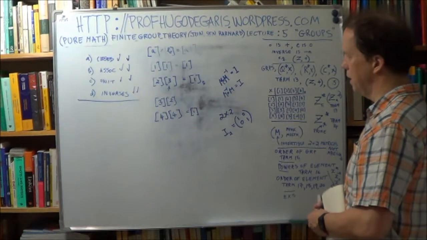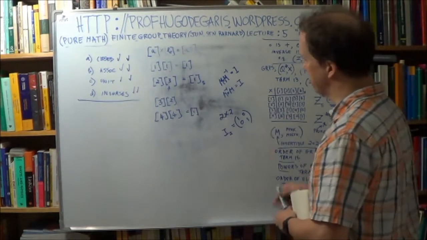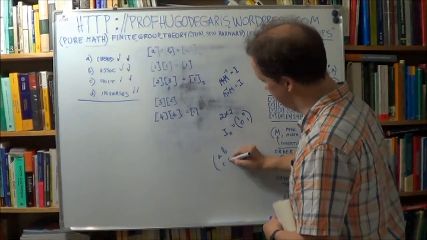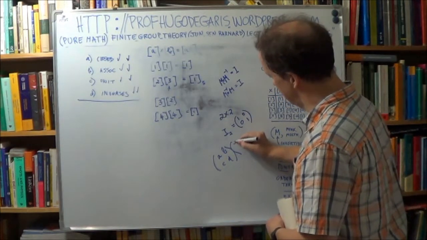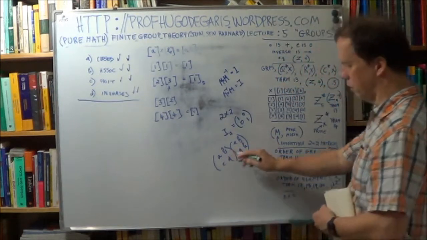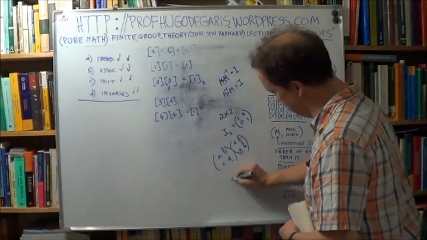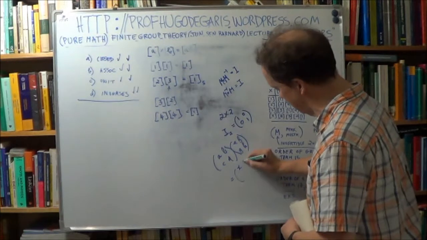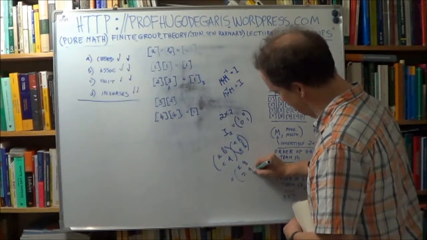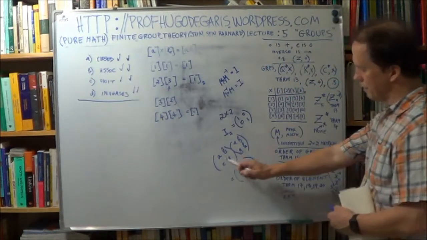Well, any 2 by 2 matrix, of this form, A, B, C, D times E, F, G, H, if you multiply that out, you'll end up with something of this form, X, Y, Z, W, whatever. So it's of the same form.